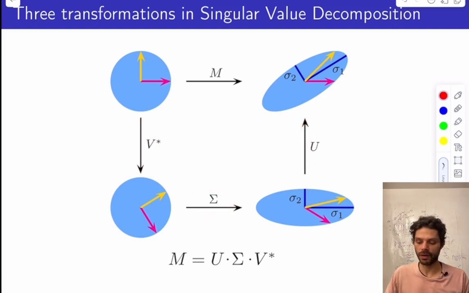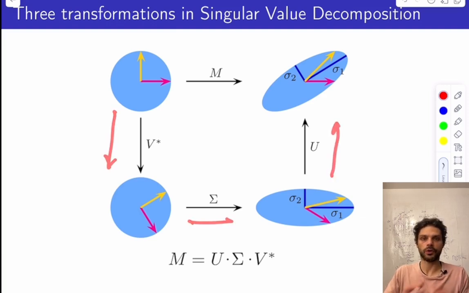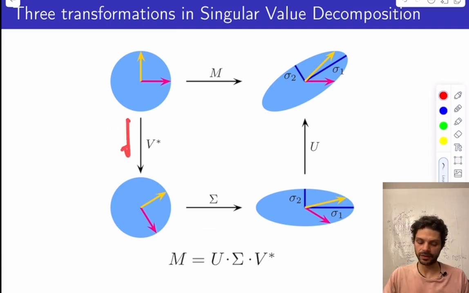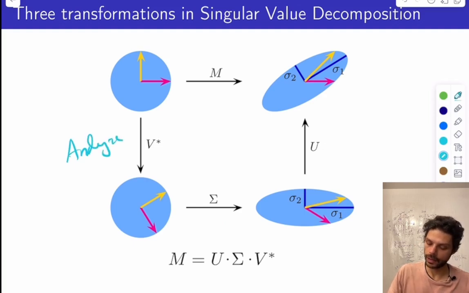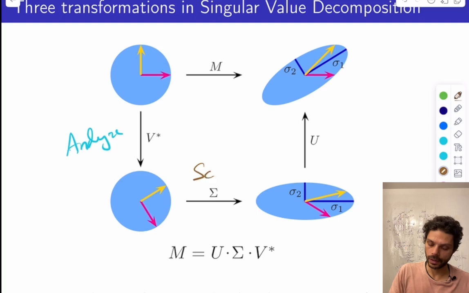So using wherever we end up as the amount by which we should combine the columns of U, the coordinates of U, to land a point on the output. So we can project, scale, and then project back out. Analyze, scale, synthesize. Maybe I'll write that.